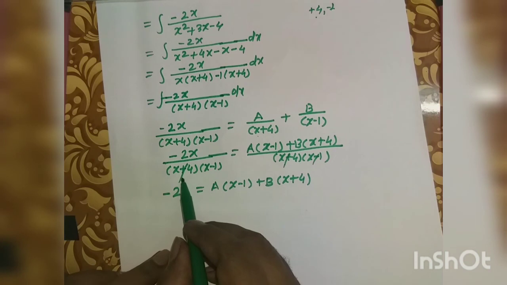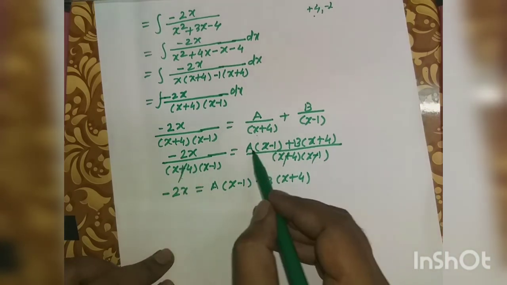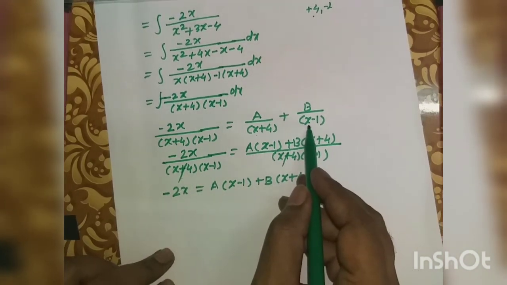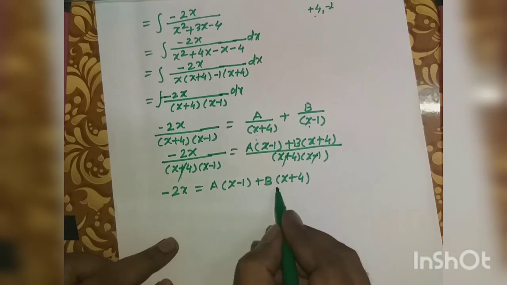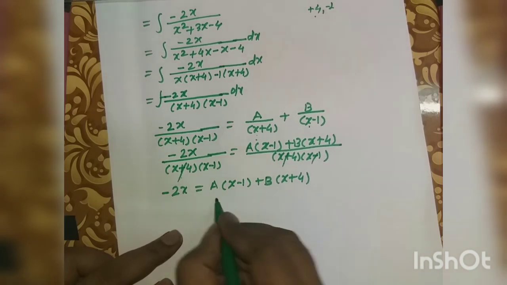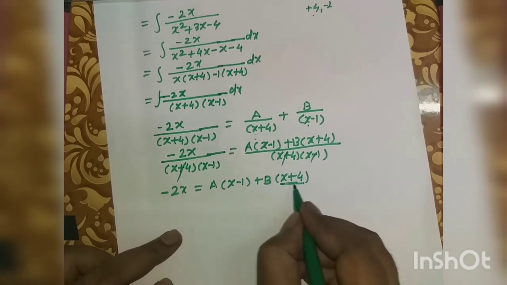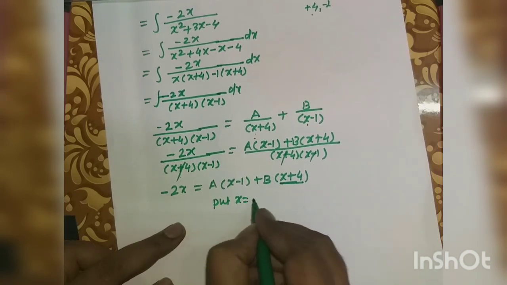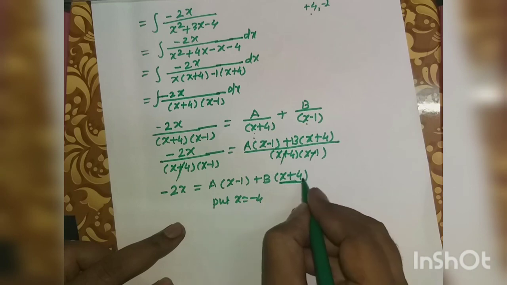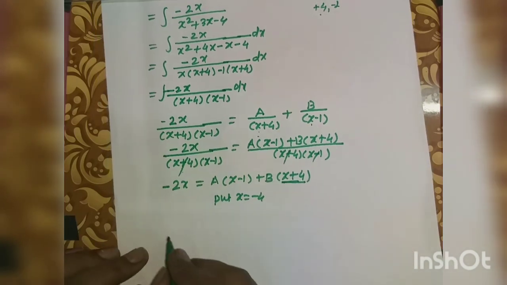Always the denominators on both sides are cancelled. Only the numerator: a into the denominator of b, b into the denominator of a, and by taking values of x such that we can find a and b. First, if you want the value of a, then reduce the coefficient of b to 0: put x equal to minus 4, then this bracket is 0, 0 into b is 0.